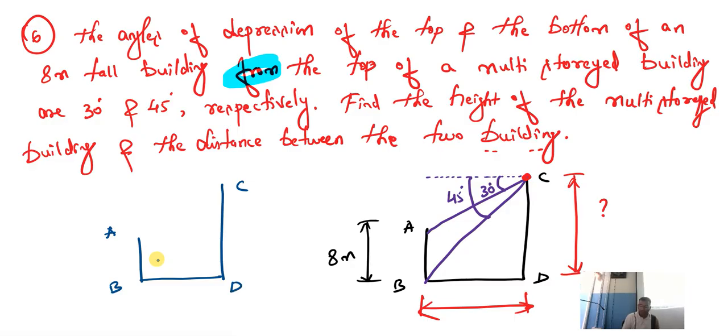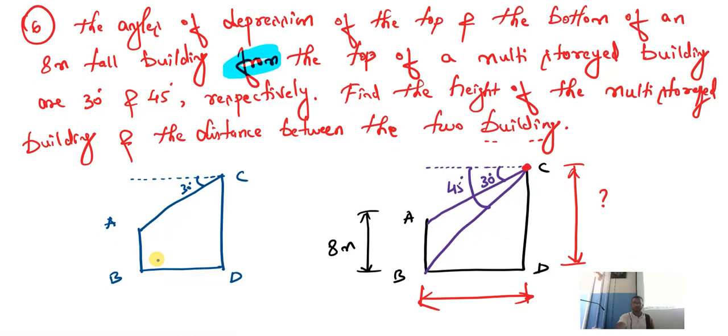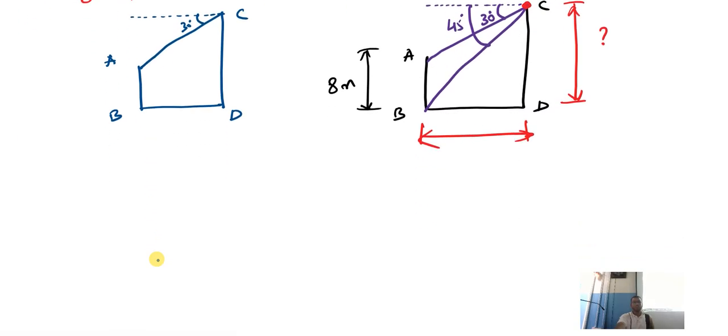First, angle of depression. Before you draw this line, before joining CA, what should we do? Draw one horizontal. The first angle of depression is 30 degree. Correct? This is one figure. I'm going to draw two figures here so that you will get better clarity.